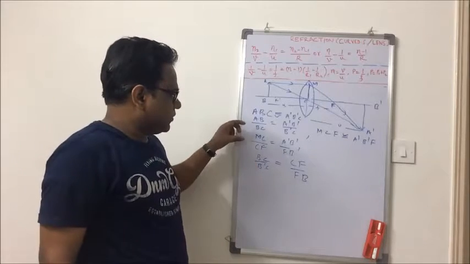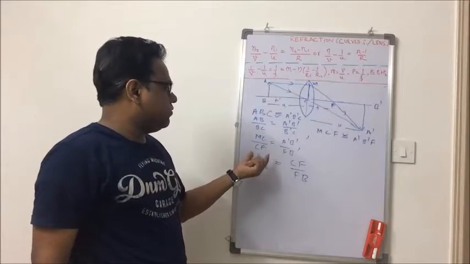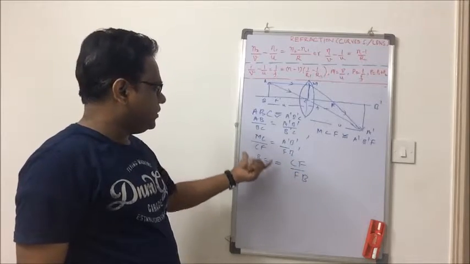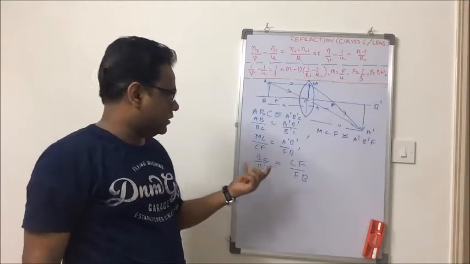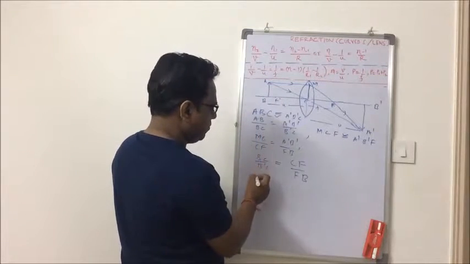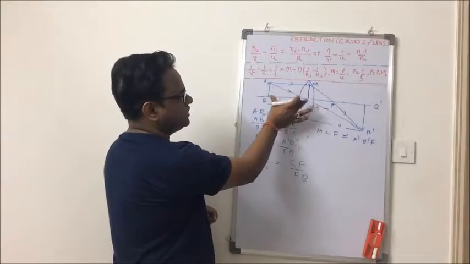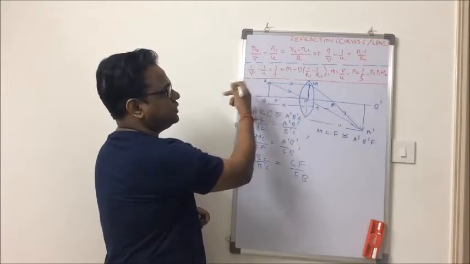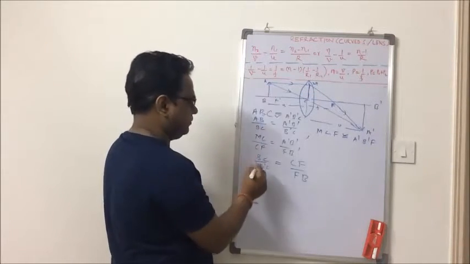Now we will just put the values, because these are magnitudes, right? So we will put the values with sign. BC is nothing but U, but the sign of U would be negative. Reason: it's opposite direction of the ray.